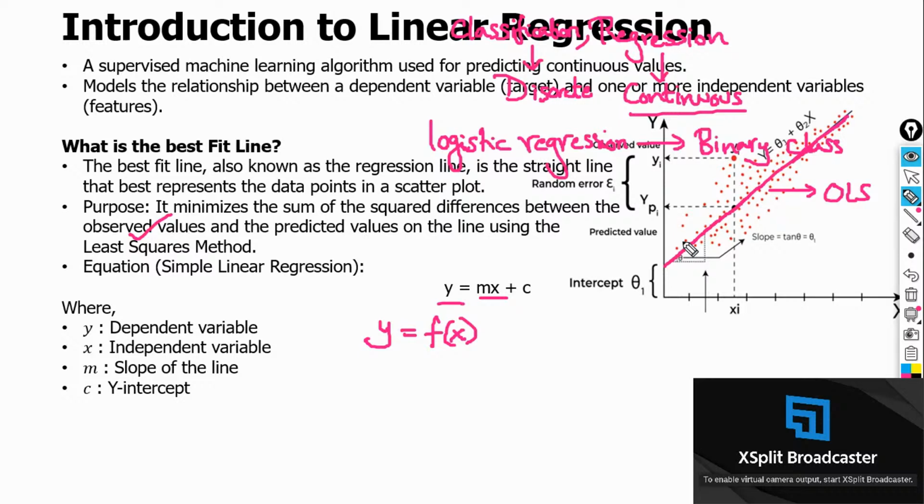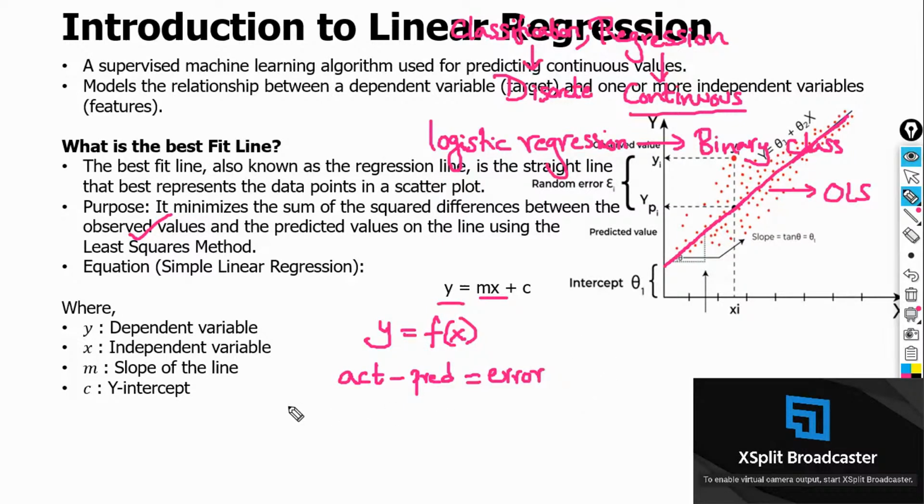Actual minus predicted will be our error. Minimizing the error will be the objective of OLS, ordinary least squares, and that can be achieved when you keep on iterating.